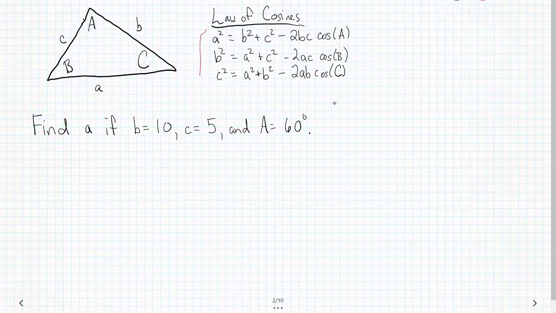So you have these three little formulas going on right here, but we can figure out all that information just from these pieces. So now if we want to find a, we want to use the formula where we're solving for a squared.